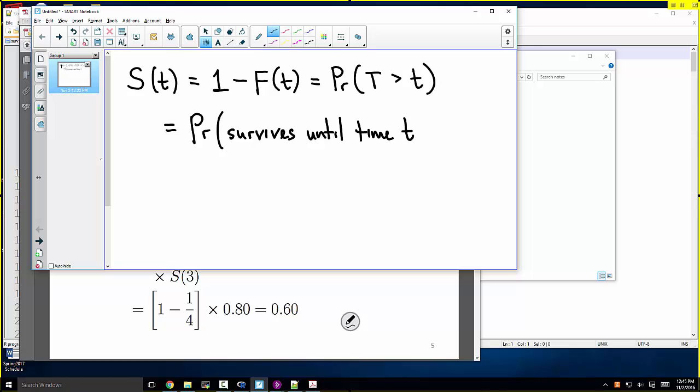That just means they did not die at a time up to but not including t. So T is bigger than or equal to t, and that they do not die at time t. So the probability that an individual lives longer than t is the same thing as the probability that they don't die before time t and they don't die at time t.